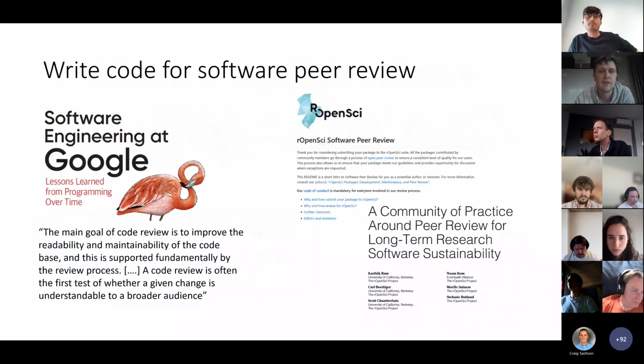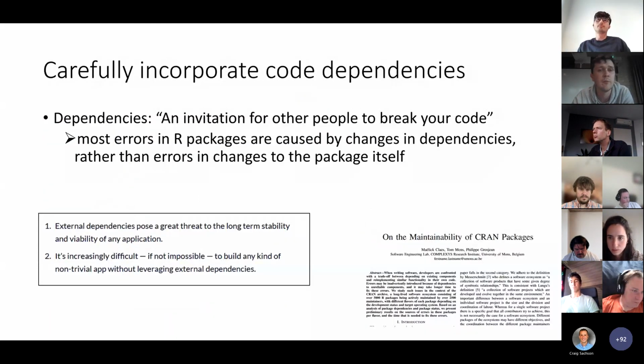So as well as thinking about the code we're writing, we also need to think about many of the dependencies we use. So in R especially, you have this situation on the bottom left where dependencies pose a threat to the stability and viability of our applications, but they're also unavoidable.